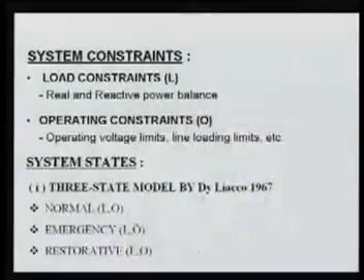These are constraints related to your voltage limits, also known as operating limits, and line flow limits, which must be well within limit. The other is your inequality constraints, related to the operating limits of the system. Here we can see the system constraints, which we can classify as load constraints.